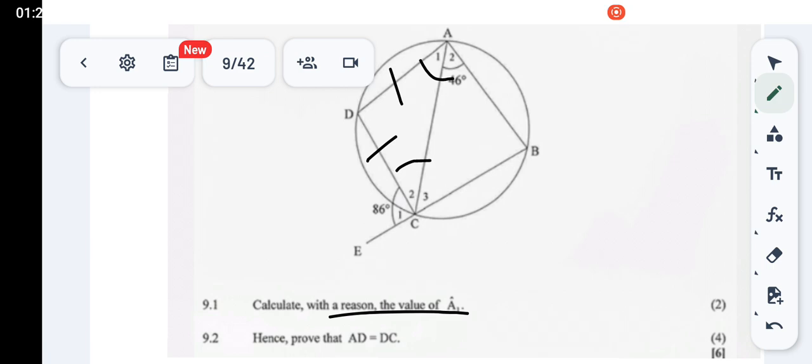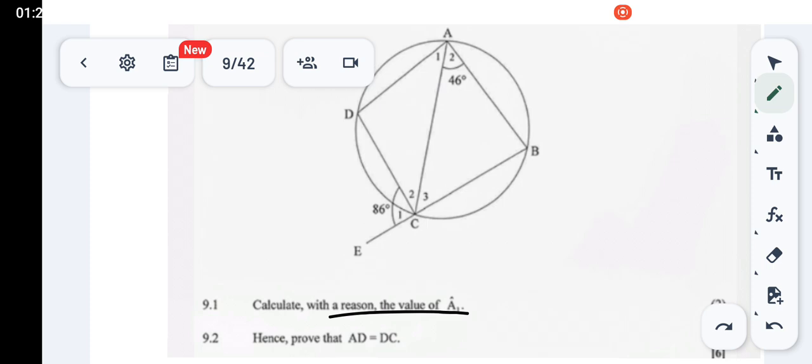But that's what we know only if two adjacent sides are equal. In this case, we do not know that the length of AD is equal to the length of DC. That's what we are trying to prove.